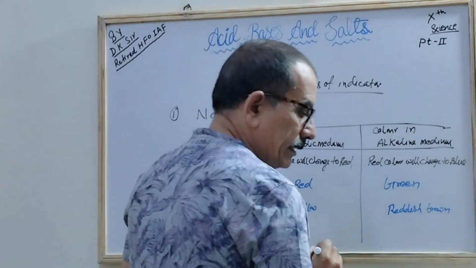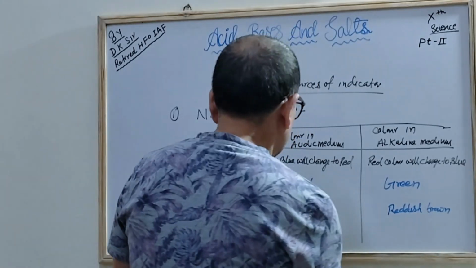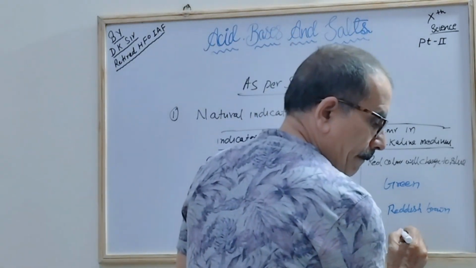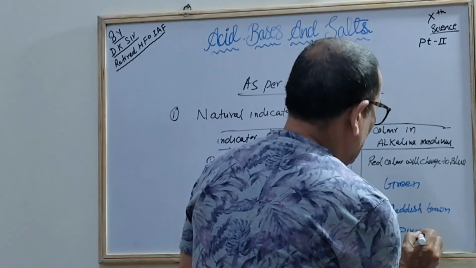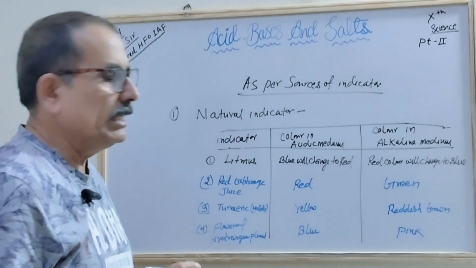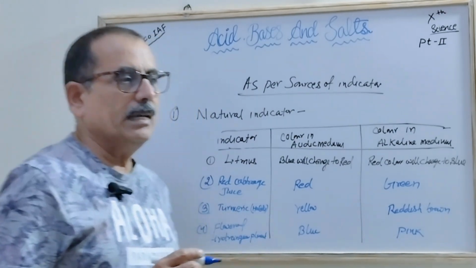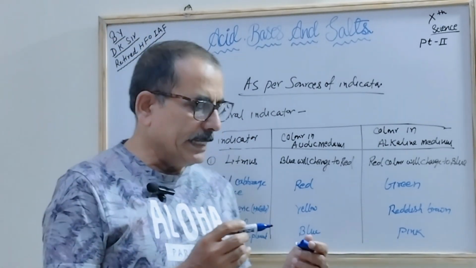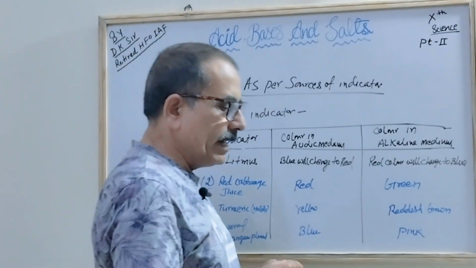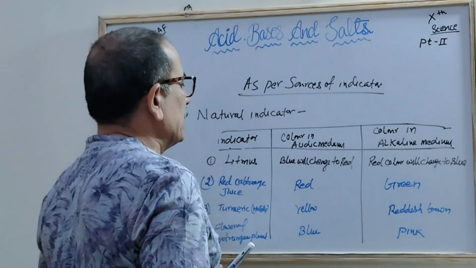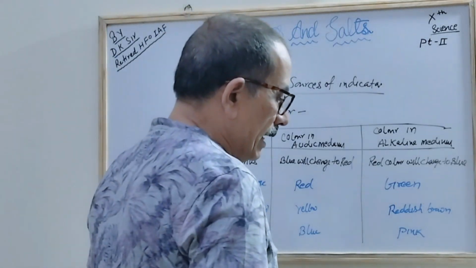Correct? The hydrangea plants' flower will change color into blue in one medium and into pink in the other. Correct? These are the natural indicators found in nature, by which we can test whether something is an acid or a base. Correct? That we can be asked in MCQs, from the examination point of view. You must remember it.